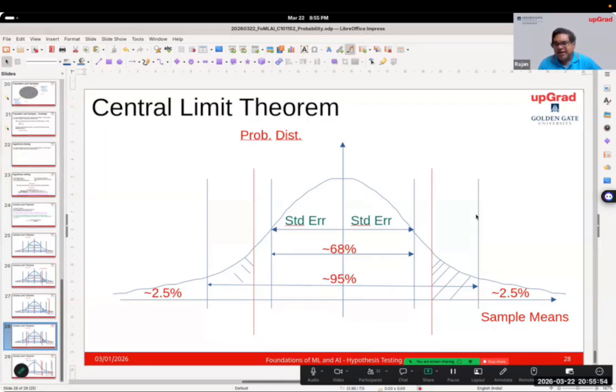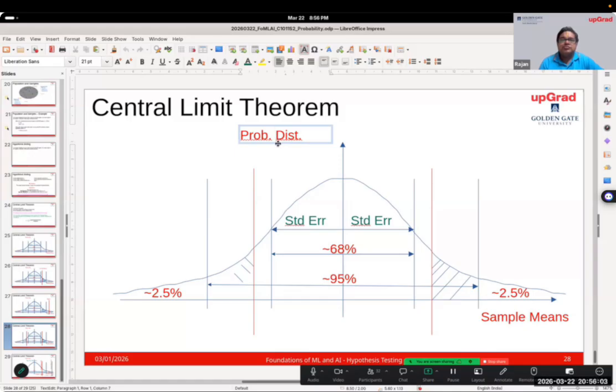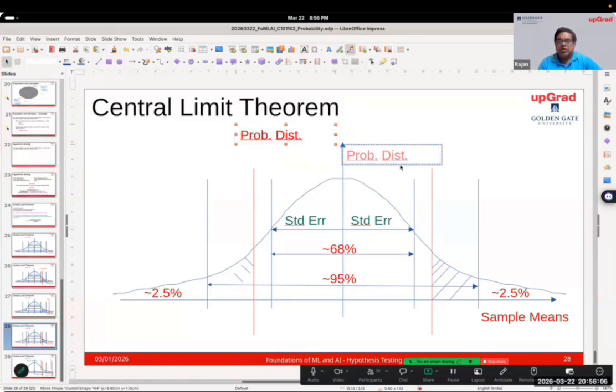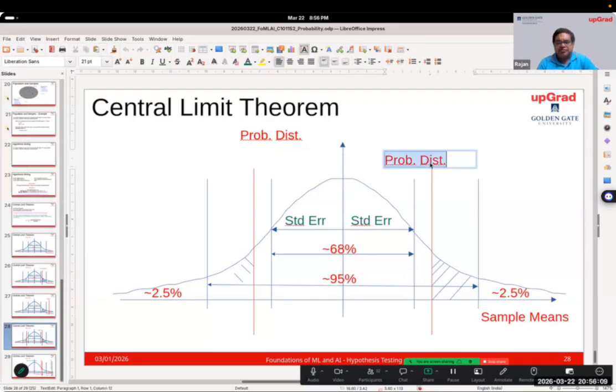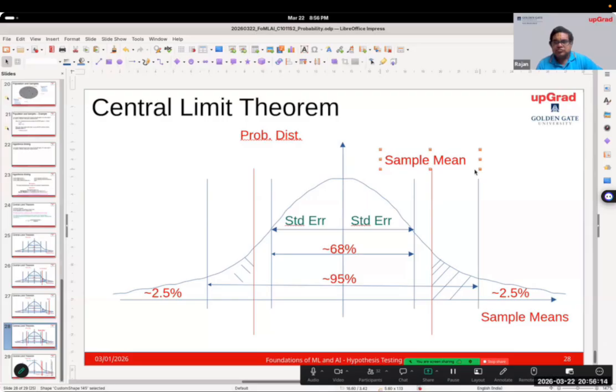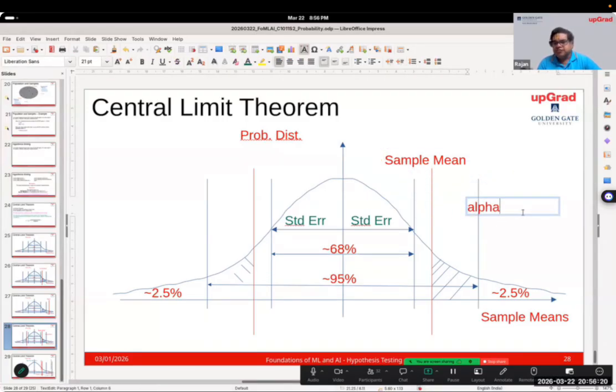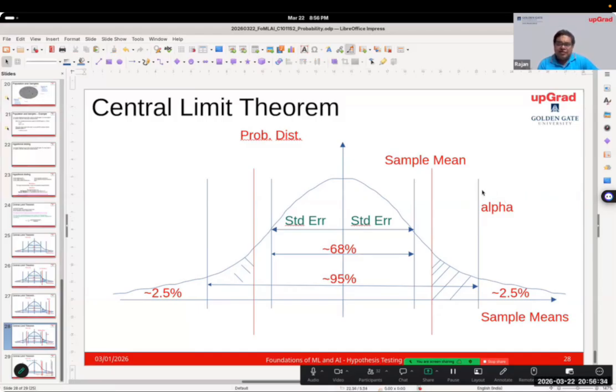Now let us say this is our alpha. This is my sample mean, and this is my threshold.